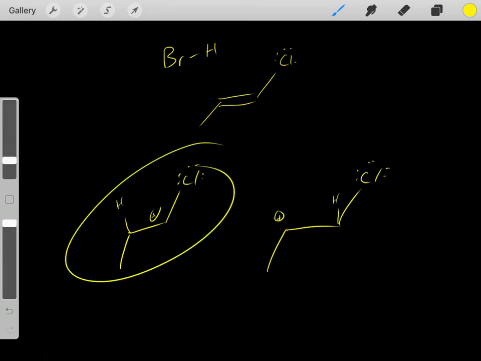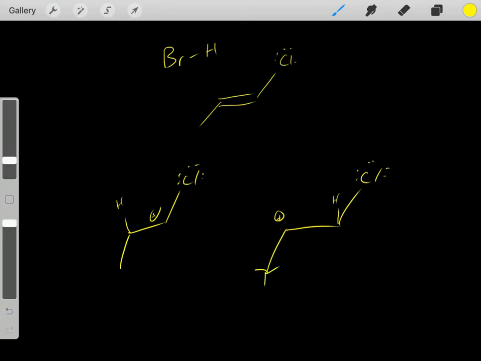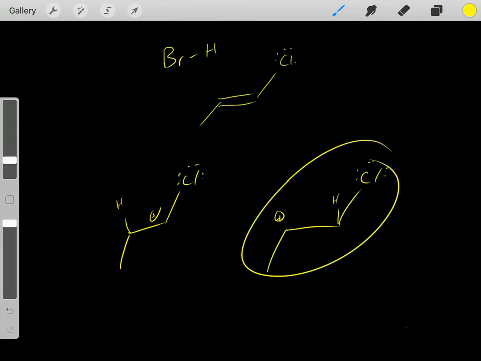So which carbocation is more stable? Well, this one looks pretty good because, well, it's not negative charge, but essentially these are electron donating groups, because we have these orbitals with these electrons. So whenever we have an alkyl group, we have electron donating properties, donating negative charge, stabilizing this positive charge. So this looks pretty good.